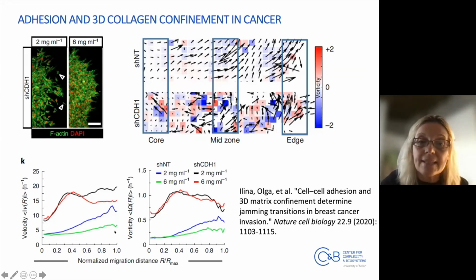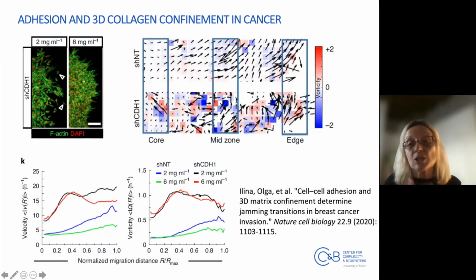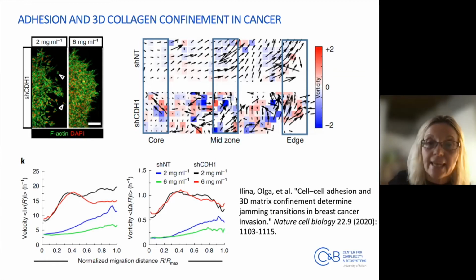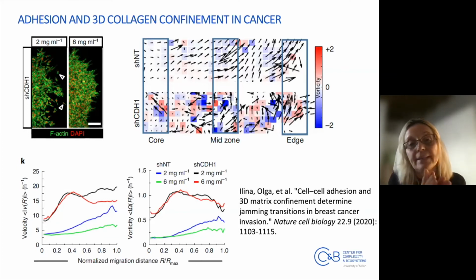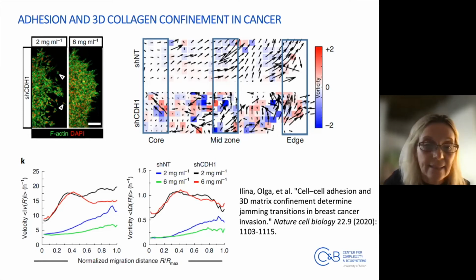And very interesting is that they have more vorticity, and so they are more disordered with respect to the cells that express E-cadherin. So changing one parameter, you change not only the velocity, but also the vorticity. It makes sense because probably the cells using the adhesion molecules also use this connection to orient the cells in the direction.